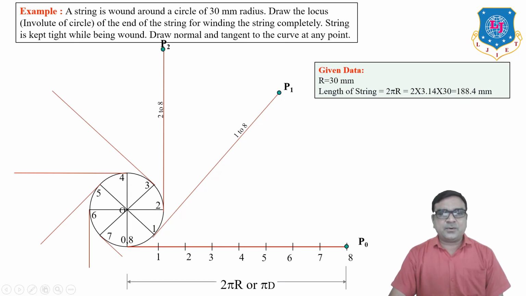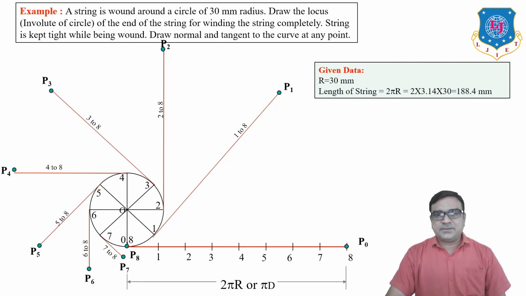Similarly, how to obtain P2? Here 2 center, 2-8 radius, draw arc. 3 center, 3-8 radius to obtain P3. 4 center, 4-8 radius, draw arc to obtain P4. 5 center, 5-8 radius, draw arc to obtain P5. 6 center, 6-8 radius, P6, and 7 center, 7-8 radius for P7, and the end of the string is exactly P8 here.